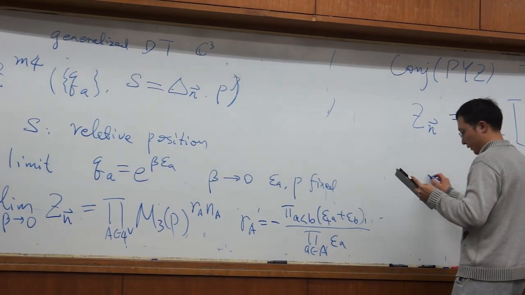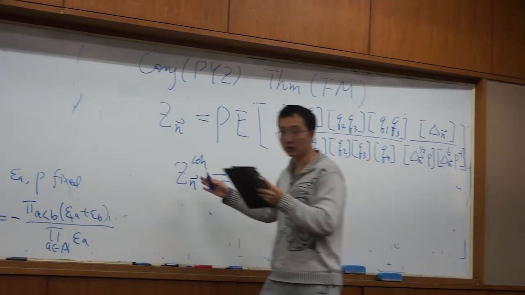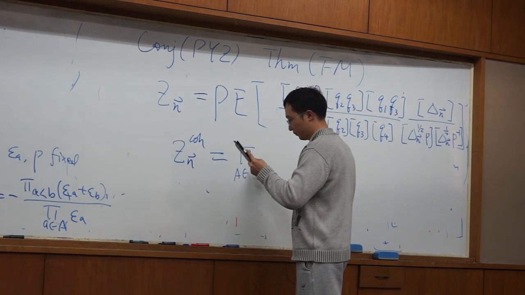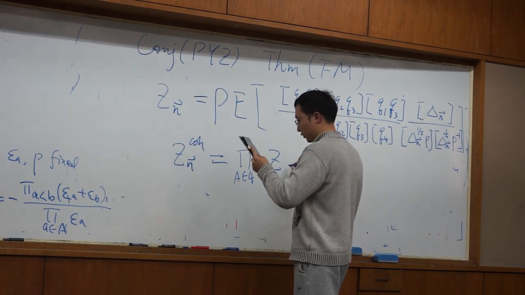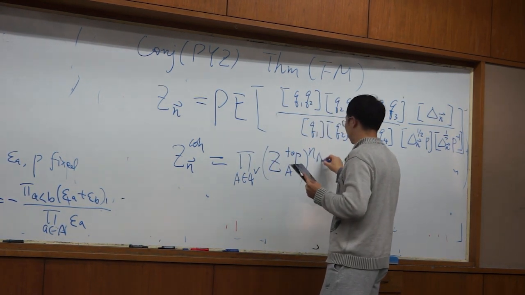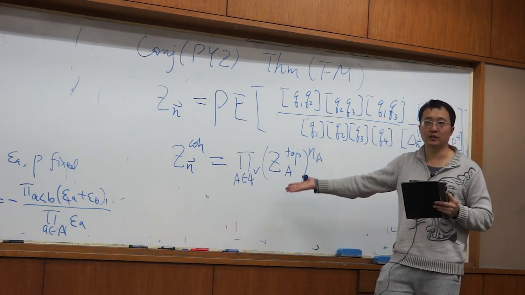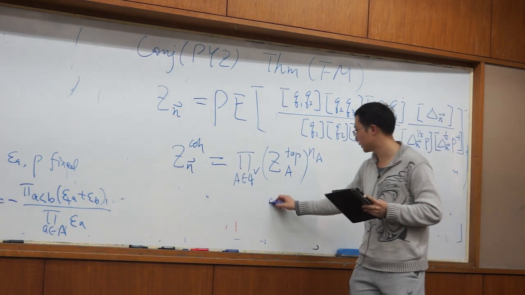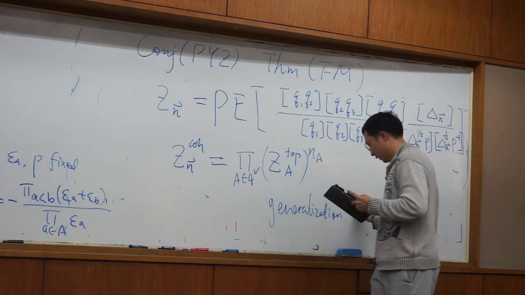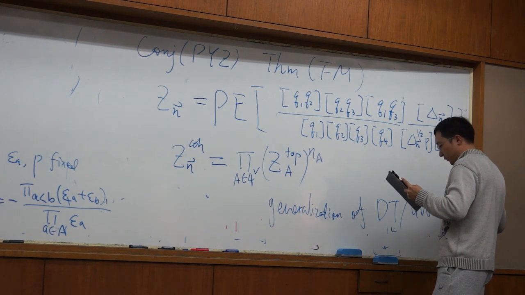So what we have is that in this limit, the cohomology limit of our brane configuration is the same as the product of the total topological string partition function of NA. So this can be understood as some generalization of this DT Gromov-Witten correspondence.